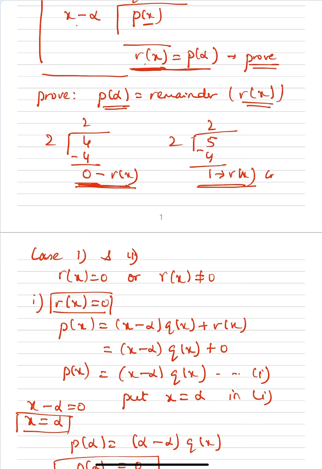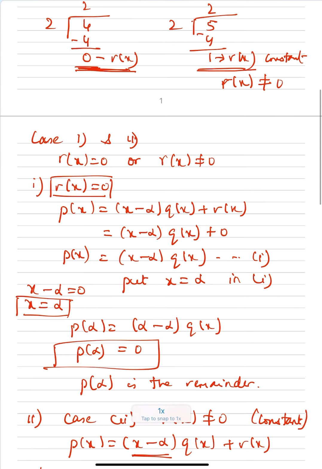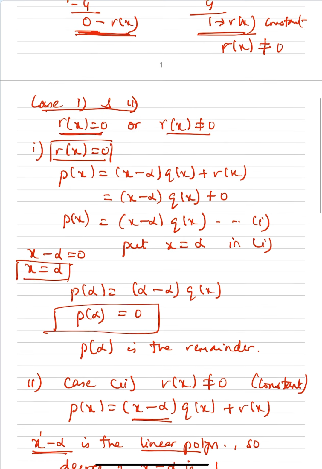We know that whenever we do division, either the remainder is 0 or the remainder is a constant. Correct? Now the same thing we do in case 1 and case 2. Let me take r of x is equal to 0.